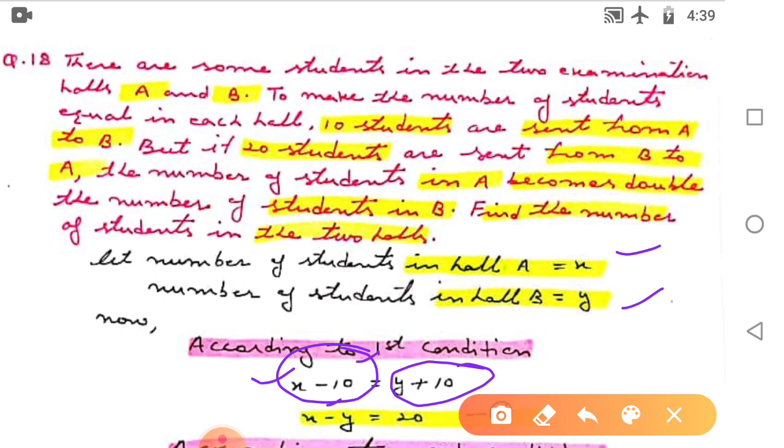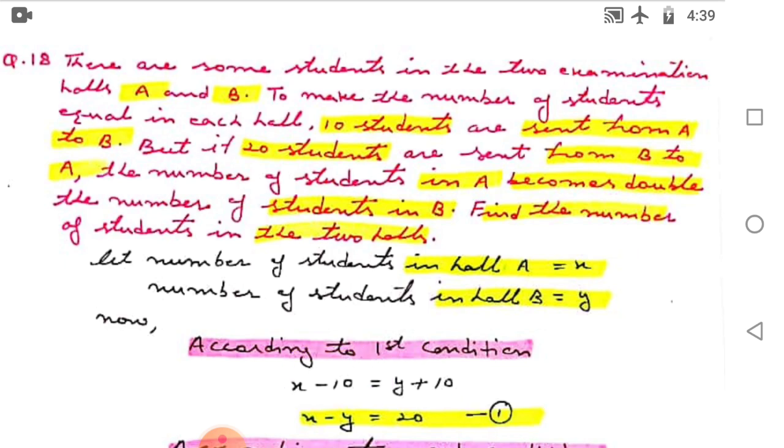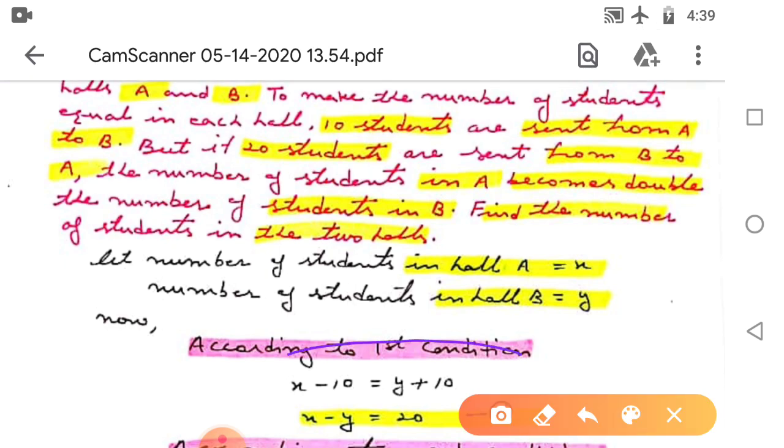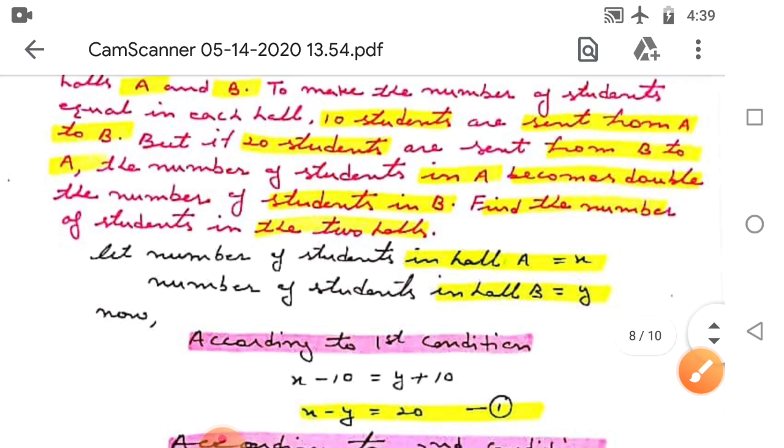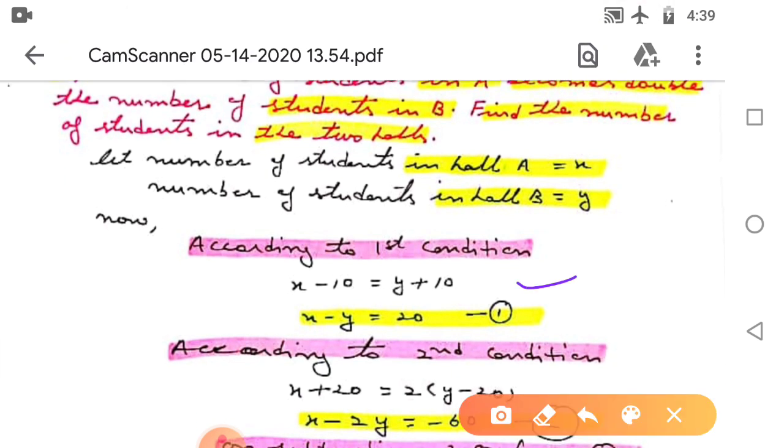But they are equal. So x minus 10 is equal to y plus 10, right? So the equation is x minus y is equal to 20.